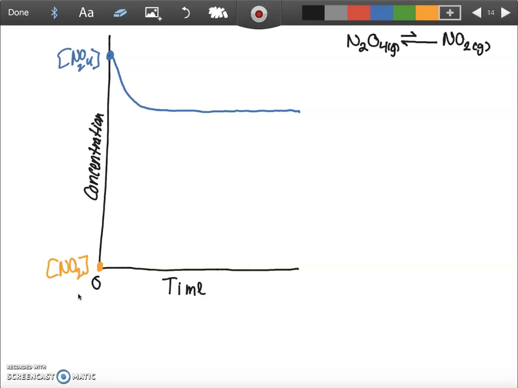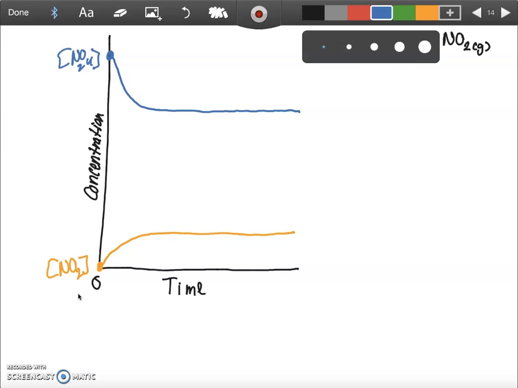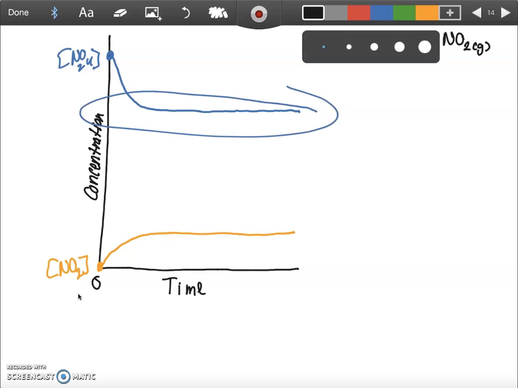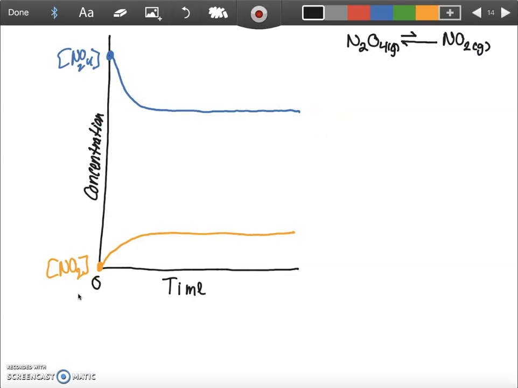Similarly, with the formation of the product, because the reverse reaction is favored, we are not going to form that much product at all. So at the end of the reaction, we have a ton of reactant up here still because it didn't reduce down as much. And at the end, we did not form that much product here.